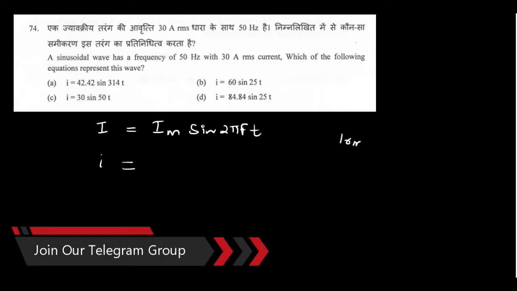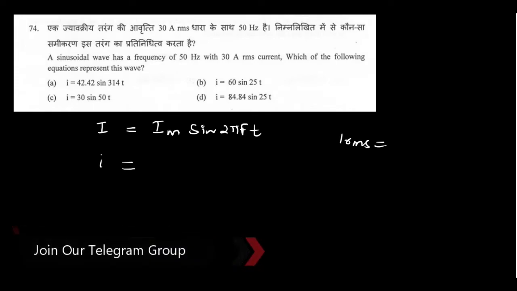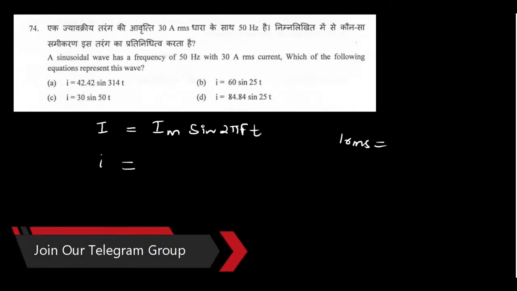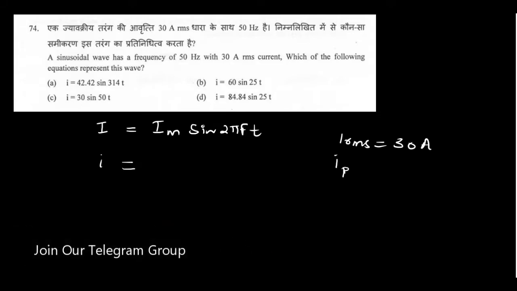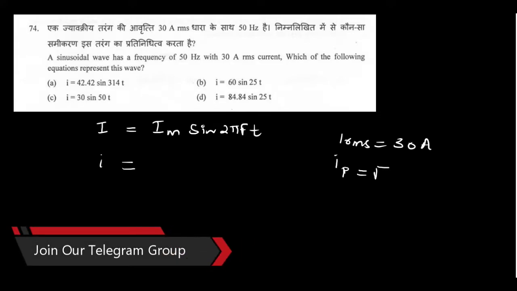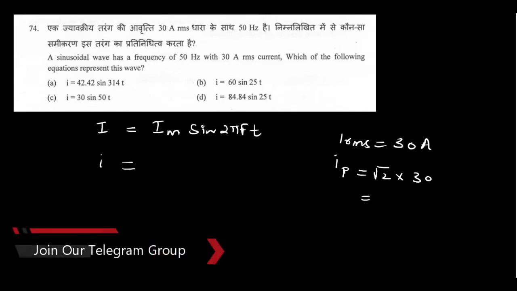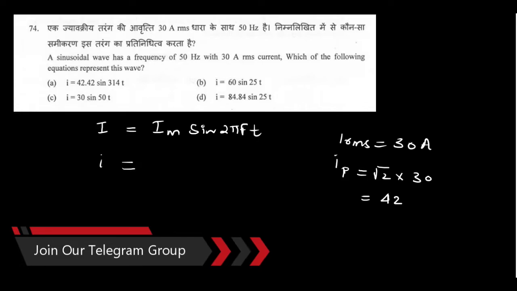So I RMS equal to 30 amps. So what is I peak? I peak equal to root 2 times 30. That is 1.41 multiplied by 30. It comes to 42.42.